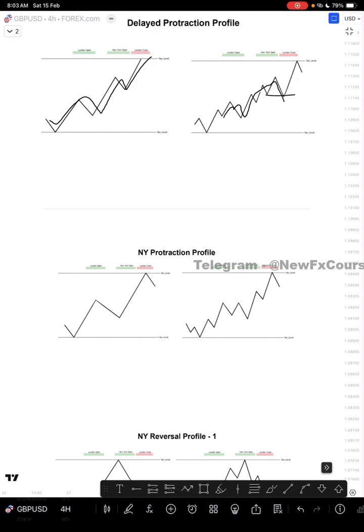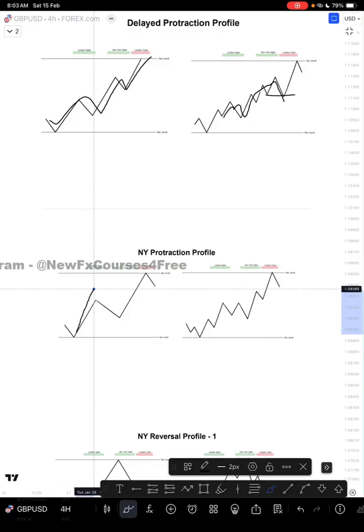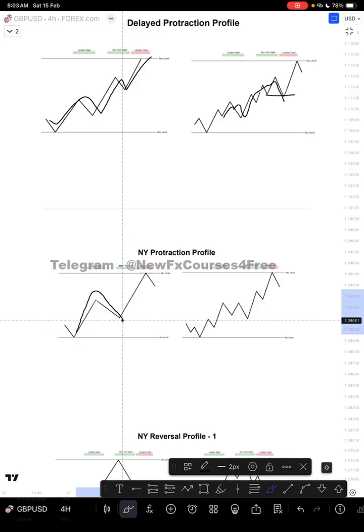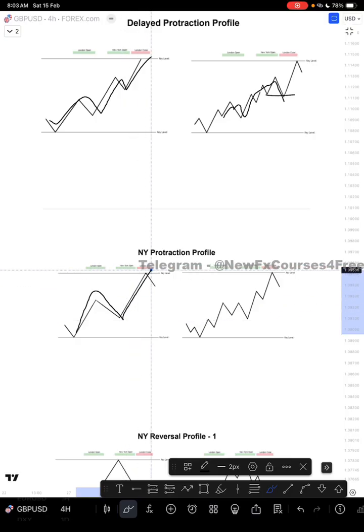So going down, here we see the New York protraction profile. Here, London rallies, moves lower, New York open, expansion for higher prices. So here is another example.